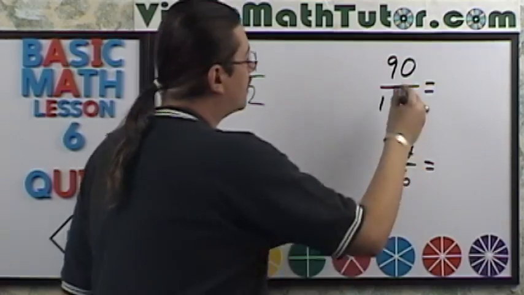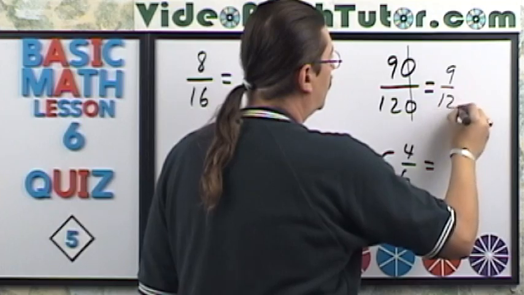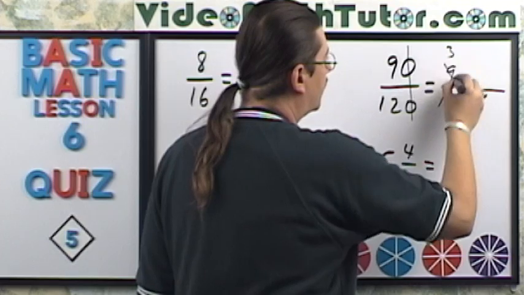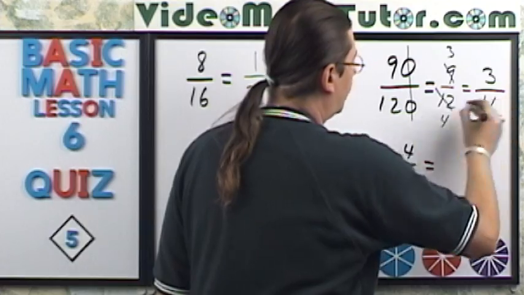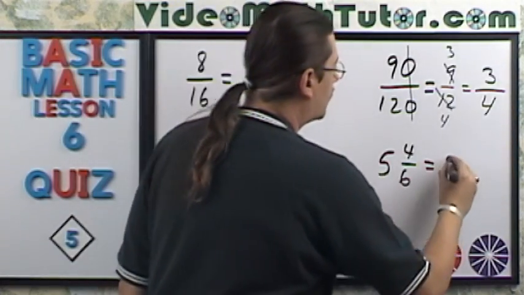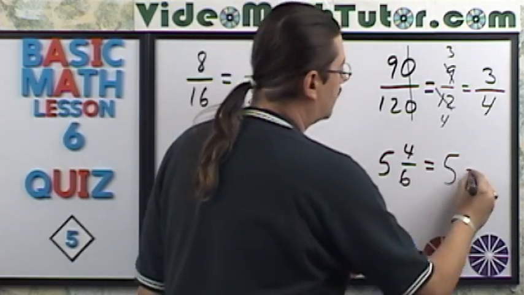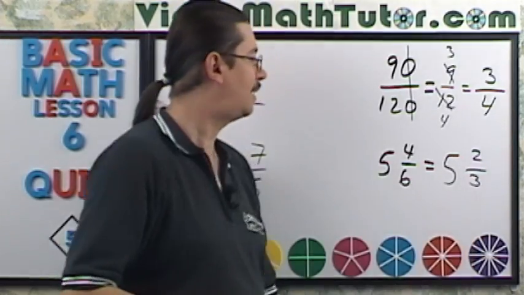Well, first off, I can just cancel the zeros. So I'm left with 9/12. There's a 3 in each. So divide by 3, divide by 3, and you're going to get 3/4. Now the whole number stays with mixed numbers, so just reduce the fractional part. Cut everything in half, you're going to get 2/3. And we're done.